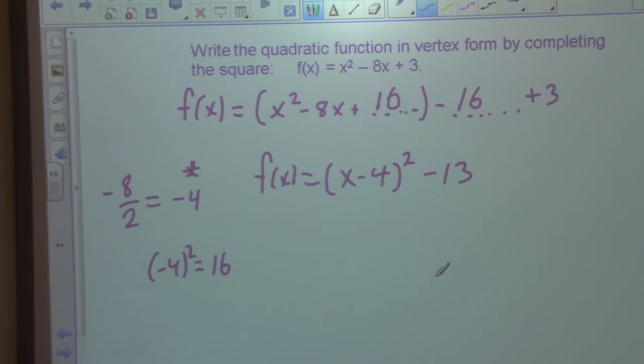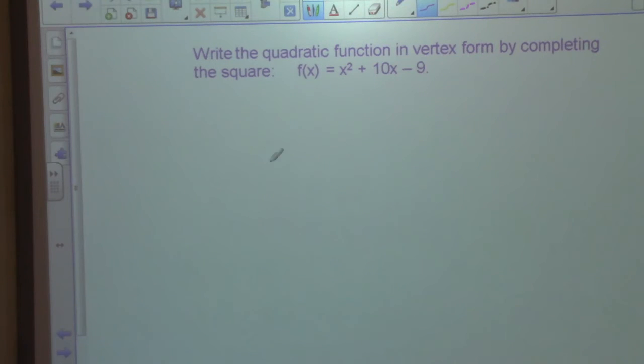Okay. What I want to do is give you another problem that's very similar to it. Work that one out. Another completing the square problem.